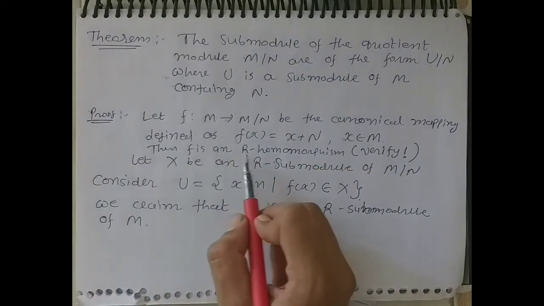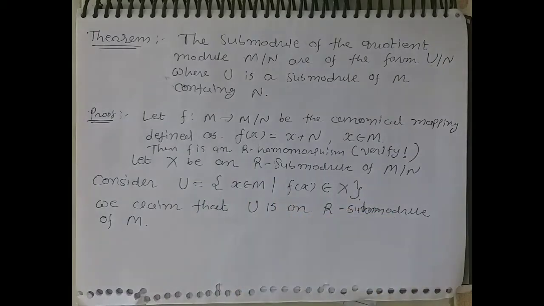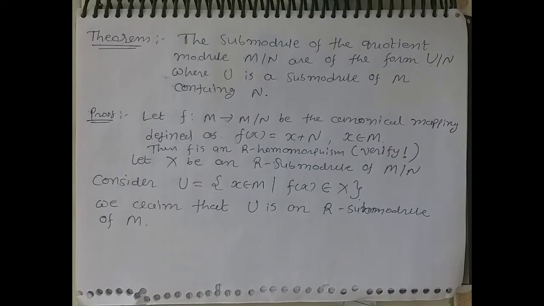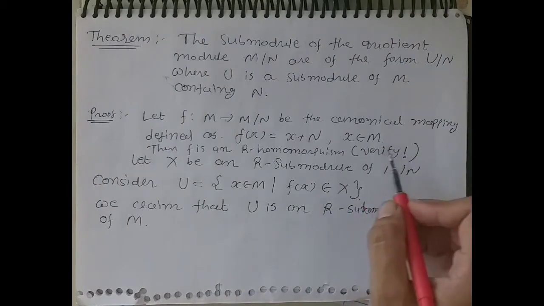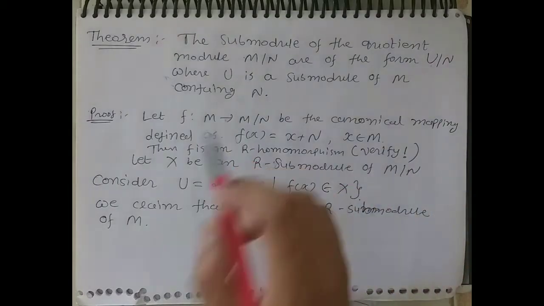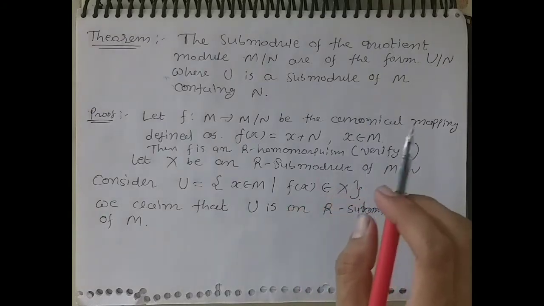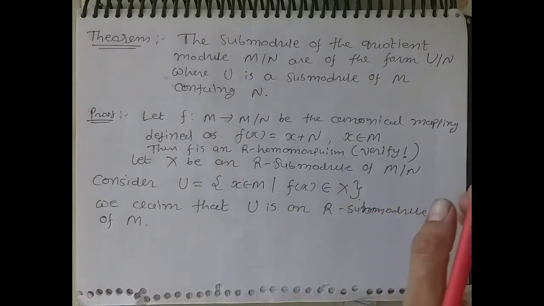Then f is an R homomorphism, okay. This canonical mapping is R homomorphism, also it is one-one and onto. So this is your assignment to verify canonical mapping is R homomorphism and onto mapping. Okay. So now canonical mapping is R homomorphism and onto.